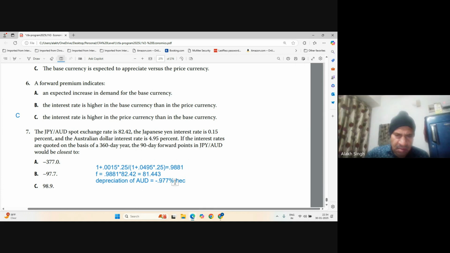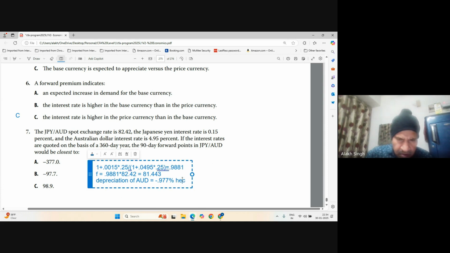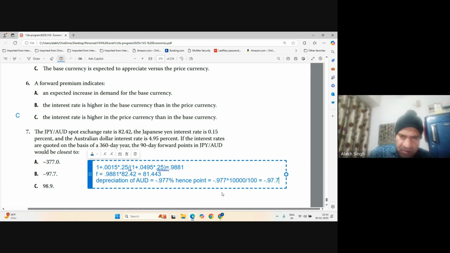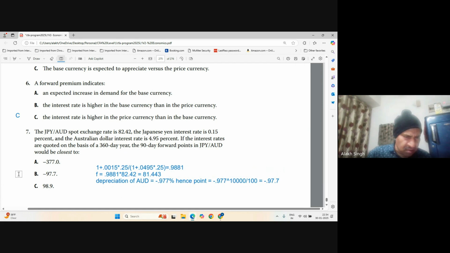Hence, points is equal to minus 0.977 times 10,000, divided by 100 because it is in percent. So which is equal to minus 0.977. So B is the correct answer.